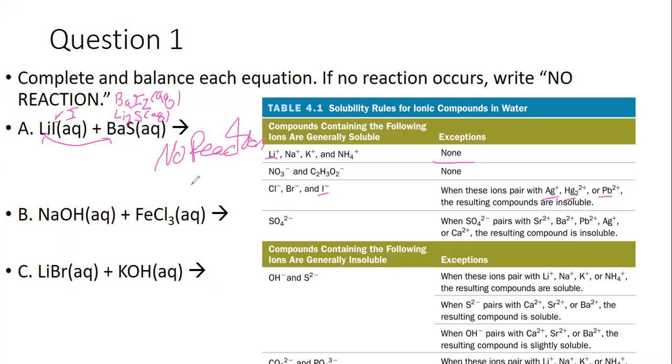Nothing happened. We mix two liquids together, and if we did this in a lab, they would just be two liquids. We did not make a solid. All right, so that is what I want you to do. I want you to figure out if we're going to form a solid. And if we are, I want you to write the reaction that occurs and make sure it's balanced. If we don't form a solid, write no reaction.